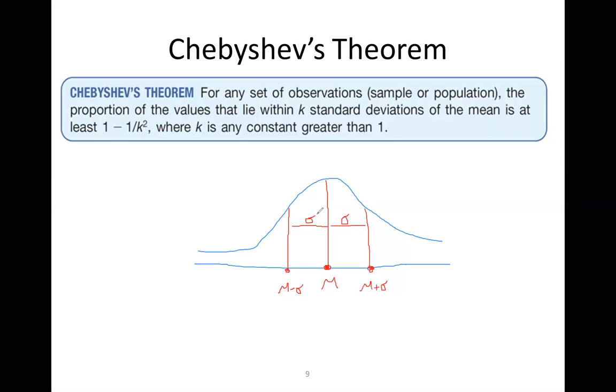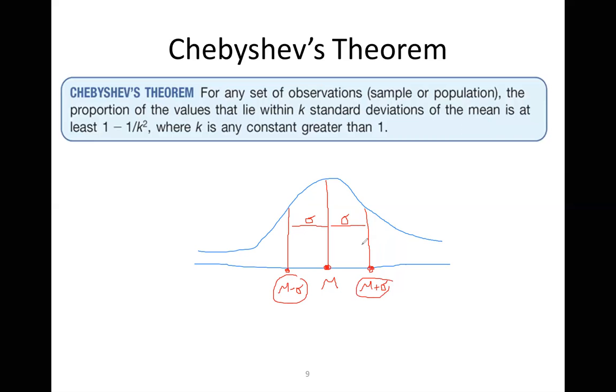Now the point. We are using the standard deviation to describe the variation around the center. Sometimes you have the question: whatever the distribution of the data is, symmetric or not, what is the proportion of the data in the range between mu minus sigma and mu plus sigma?